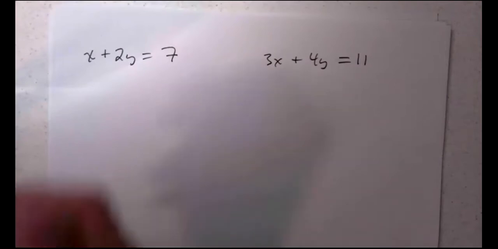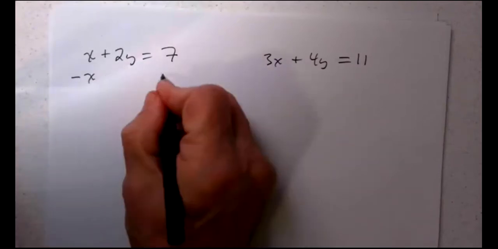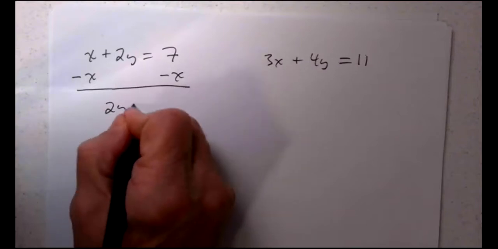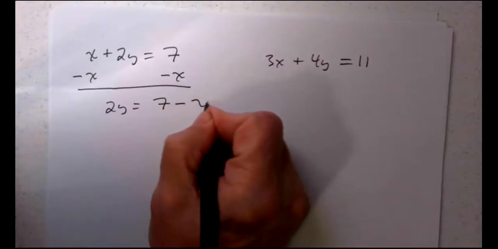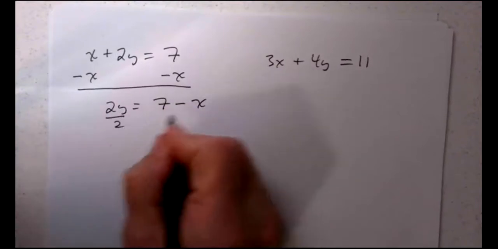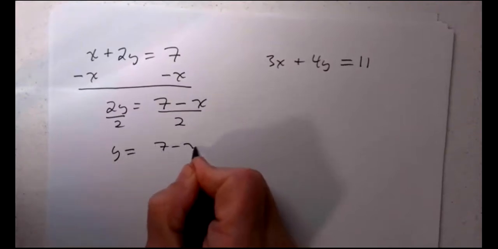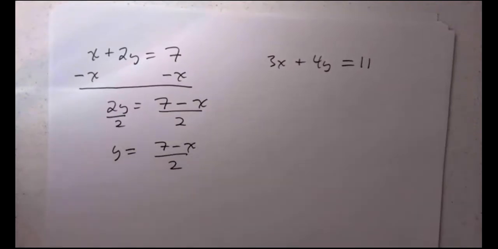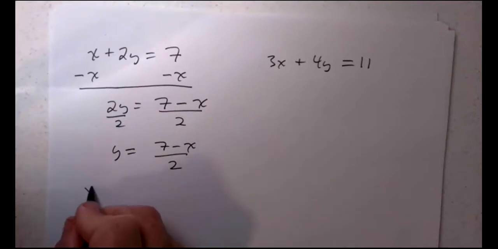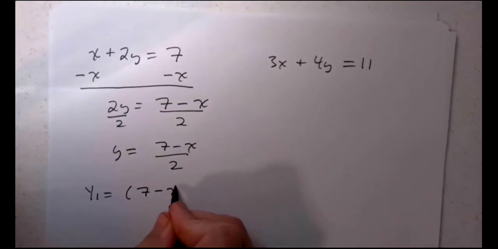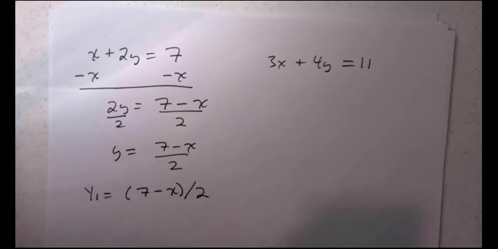I want to solve for y. So subtract x on both sides here, and I get 2y is 7 minus x, then divide both sides by 2. And I have y is 7 minus x over 2, which I'm going to put in the calculator as y1 equals parentheses 7 minus x divided by 2.